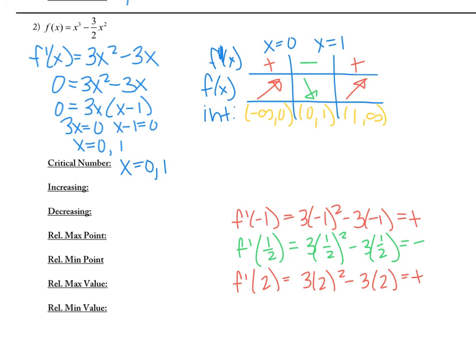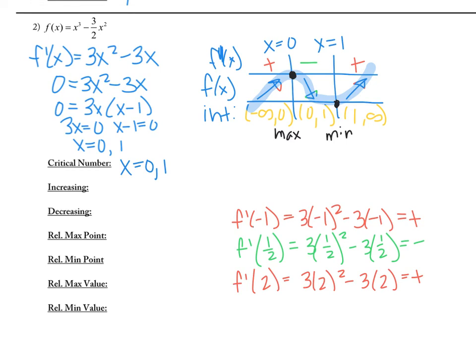All right, so trace this. I think it helps to see what the graph looks like. And then mark your points. So that's going to be a mountaintop, so that means we have a max. That's going to be a valley, so that means we have a min. Okay, so we need to find the actual ordered pairs at the max and the min.